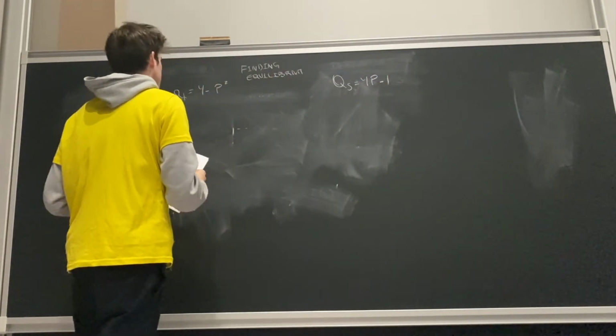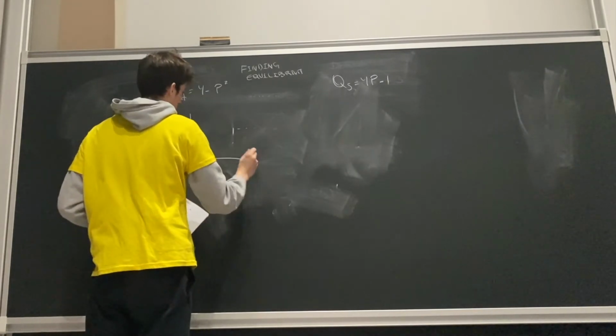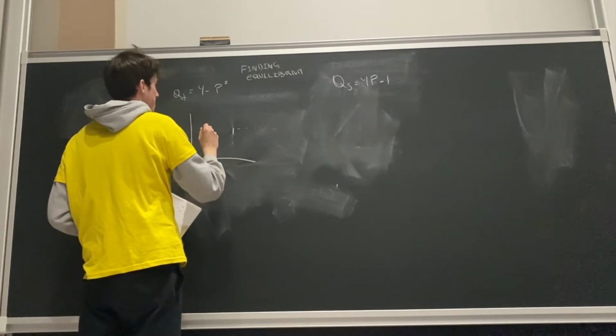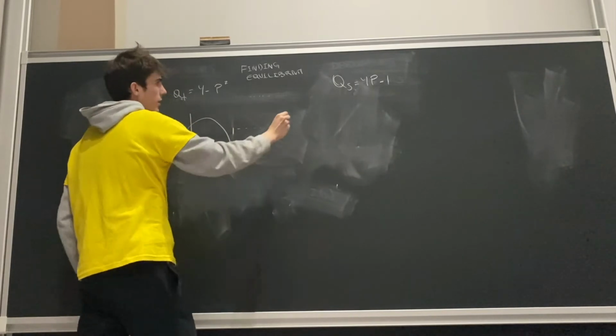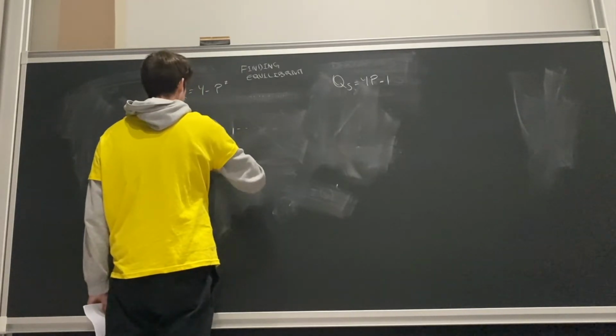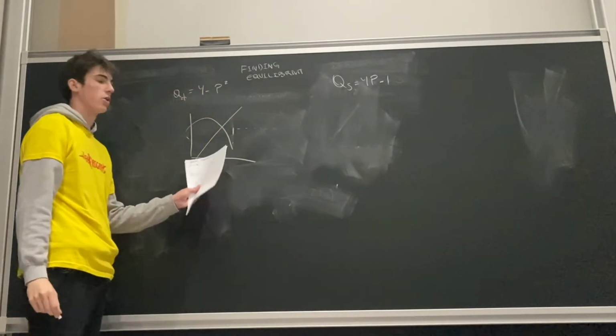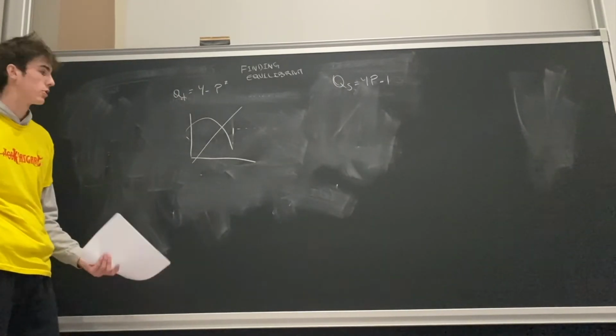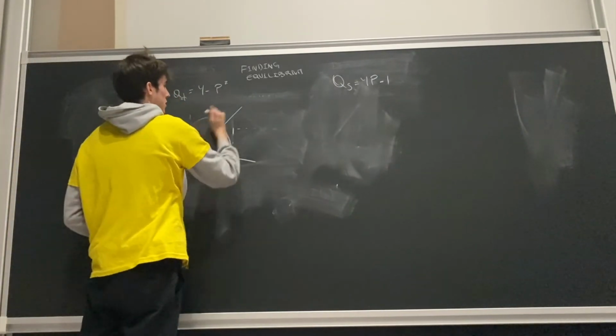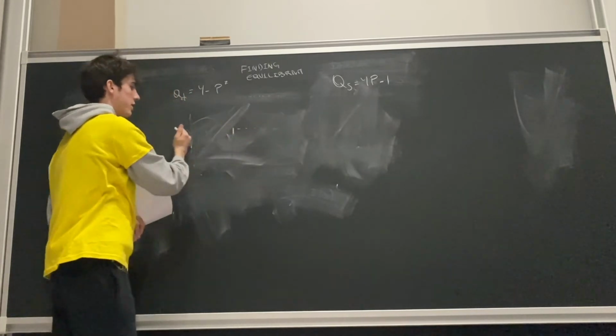So this graph will look something like this, and then this would be something like this. This is what our graph would look like, but honestly, there's no need to see it in a graphical way.